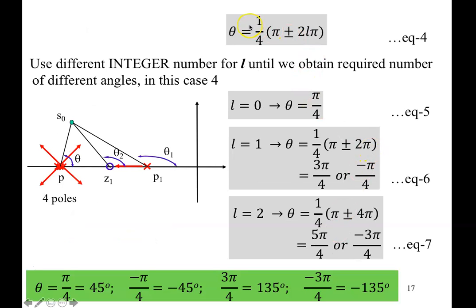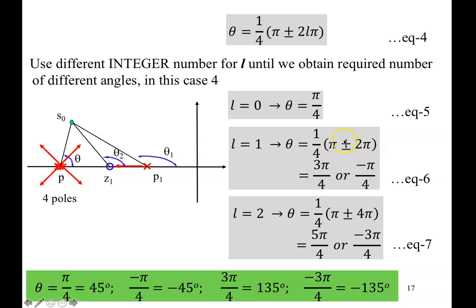So copy that down: theta equals 1 over 4 times pi plus minus 2l pi. When L equals 0, the second term disappears, and I get 1 over 4 times pi. That's pi over 4, which is 45 degrees. When L equals 1, the bracket becomes pi plus minus 2 pi.